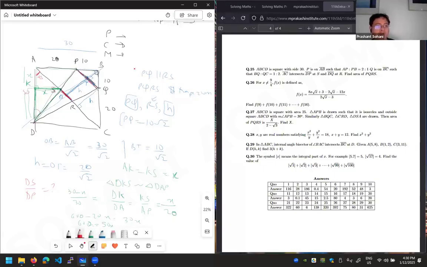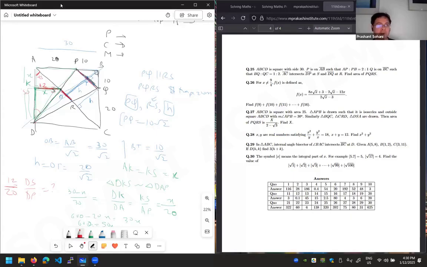Okay, so I got the length X as 12. And now you see, the DS upon DP ratio that I wanted is this, 12 upon 20, 12 upon 20. And that same ratio will also be the ratio between SR and PQ.